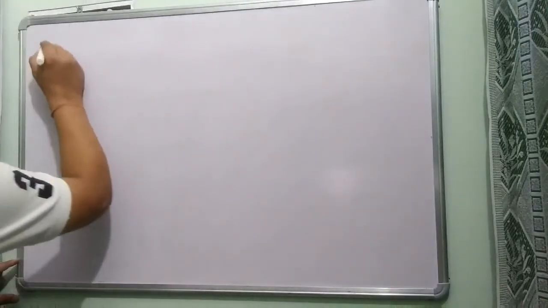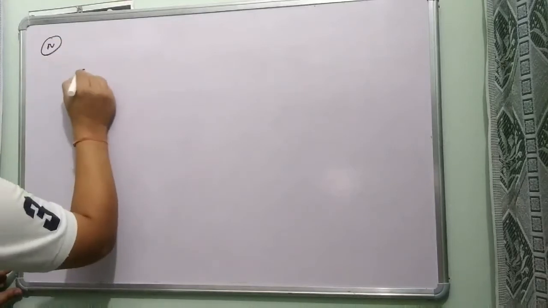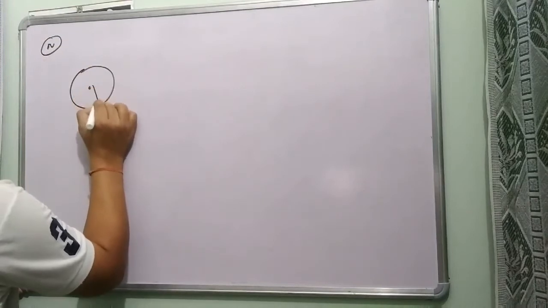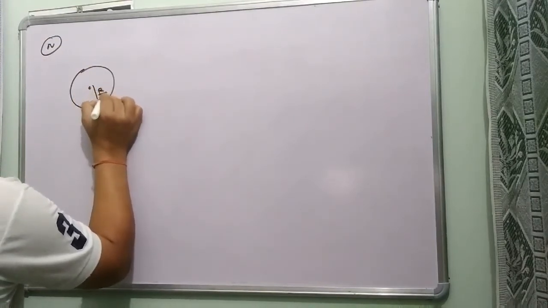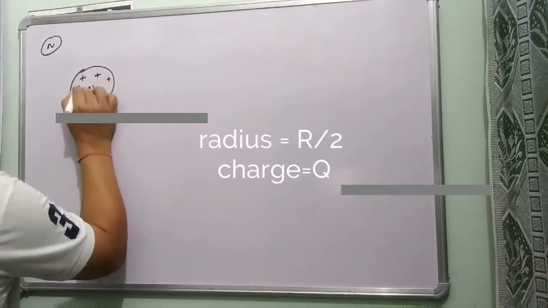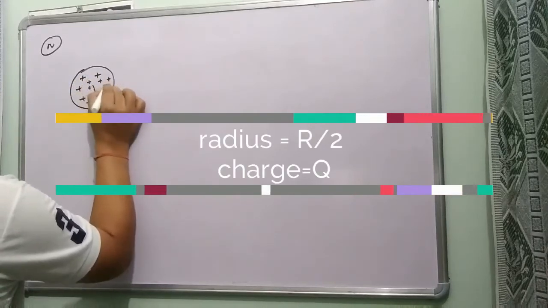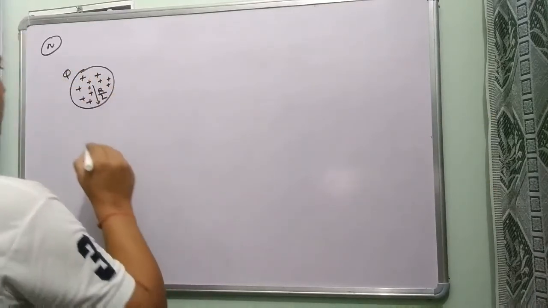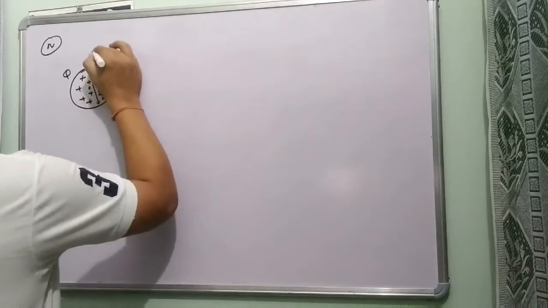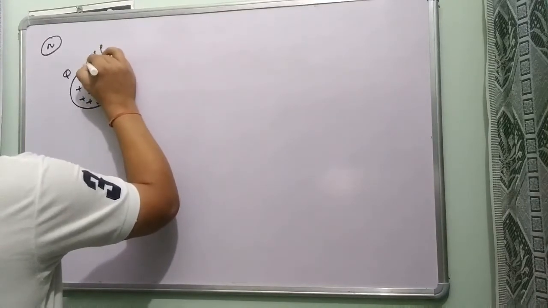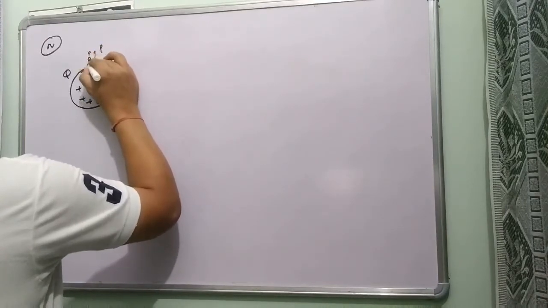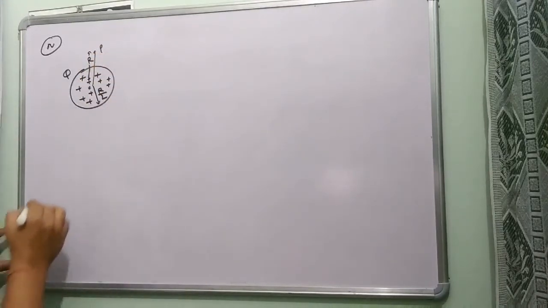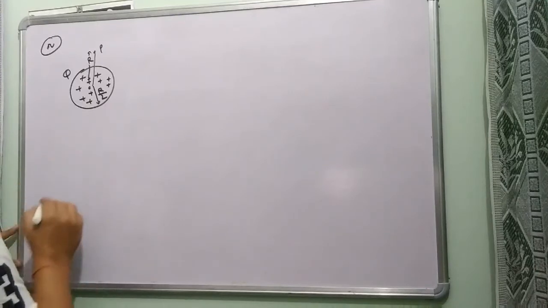Now in this numerical, this is the solid sphere, center O, radius R, charge is Q, and point P is at capital R distance. We have to find the electric field outside the sphere.